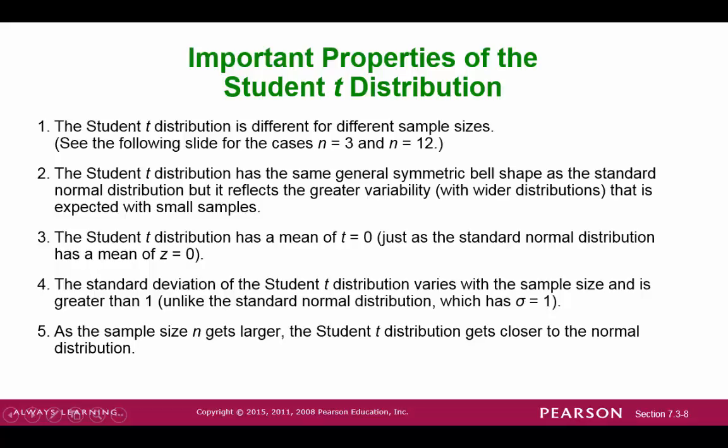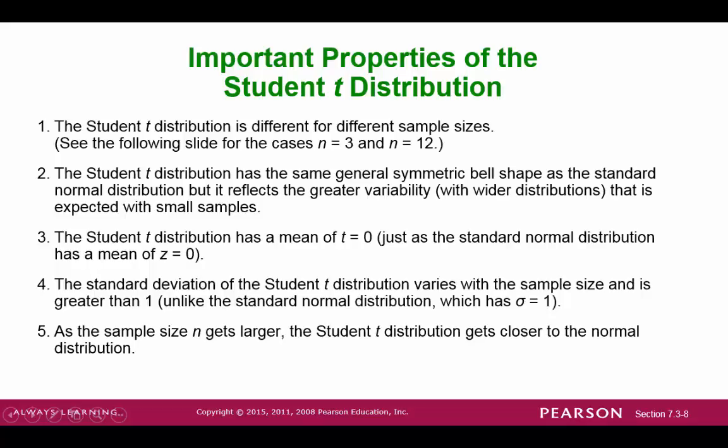Some basic properties of the student t distribution is that we have a different distribution for different values of n, and because it depends on the degrees of freedom, and the degrees of freedom is n minus 1, we will have different distributions. The student t distribution is symmetric, just like the standard normal distribution.